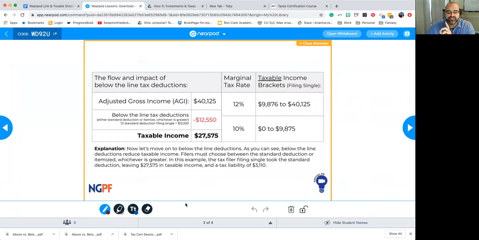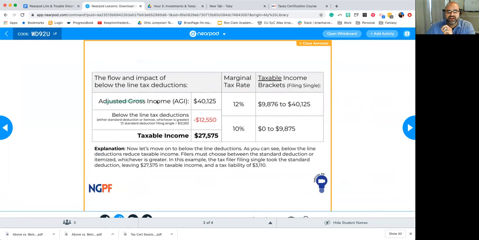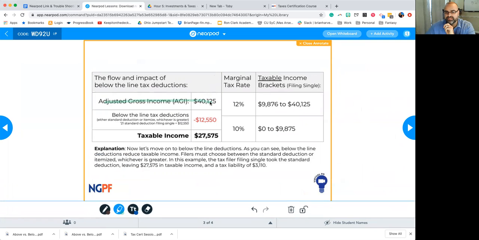Using the same example, this person's AGI is $40,125. This person at this point decides, do I itemize? An example itemization would be mortgage interest. Or do I take the standard deduction? This person decides, I'm going to take the standard deduction because that's the greater amount.